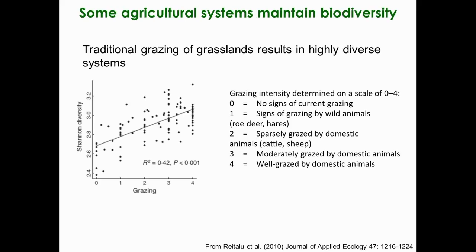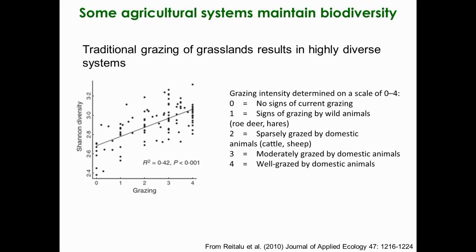But it's not all negative. In some situations, we find that some agricultural management can actually enhance some measures of biodiversity. So this is a study from Sweden, I think it was, where they looked at traditional grazing practices on grasslands, and they compared grasslands where no grazing activity had taken place.